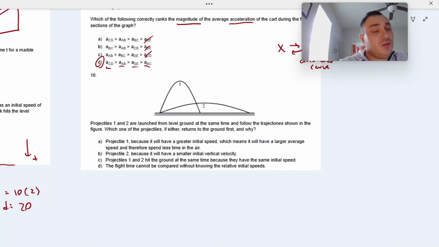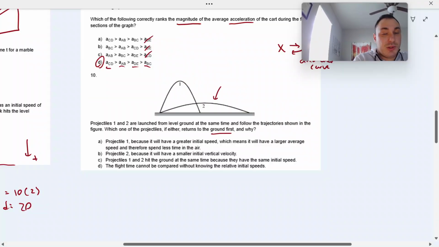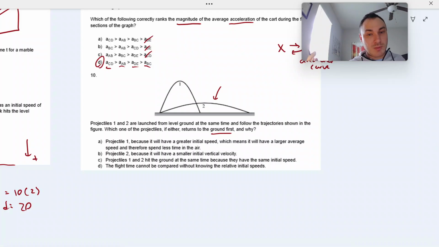So intuition wants to tell you number 2 here. Number 2 is going to hit the ground first because it's moving less up to begin with, and how long something is in the air depends on the vertical velocity, not the horizontal velocity. It's purely the vertical velocity.